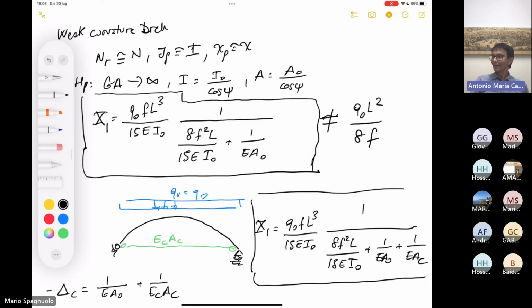If we do this trick, we will have a coincidence of the axis line with the funicular line.